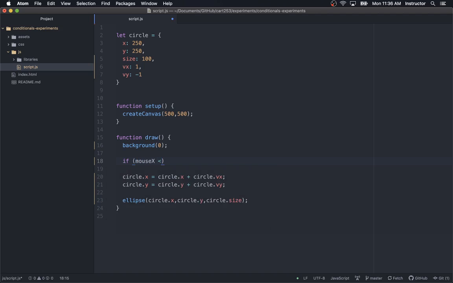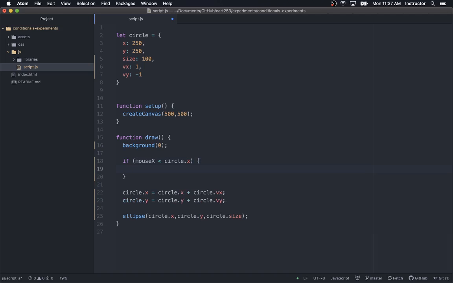If the mouse position on X is less than the circle's position on X, what does that mean? It would mean that the mouse is to the left of the circle, right? Because its position is less than the circle's position, and we know that as we move down in numbers, we are moving to the left.